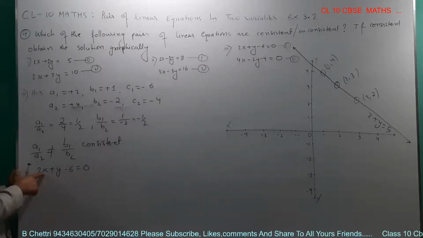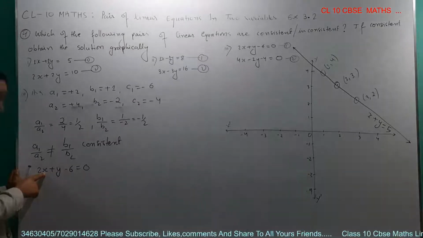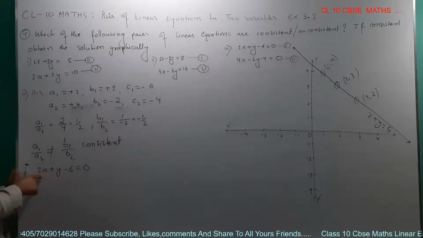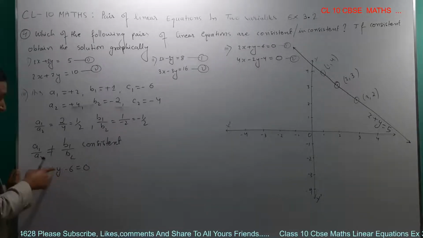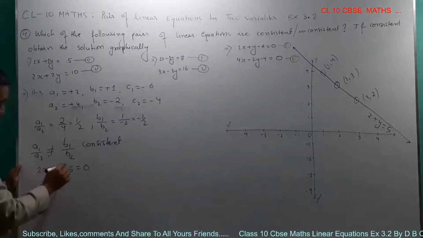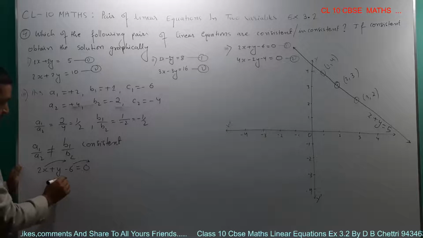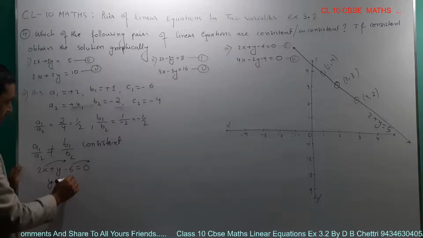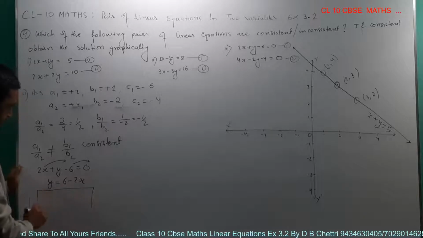If you want the value of x in terms of y, then you need to divide by 2. If you get y in terms of x, no need to divide because there is no coefficient. Now take this 6 towards the right and this towards the right, then y equals 6 minus 2x. Now make the table.